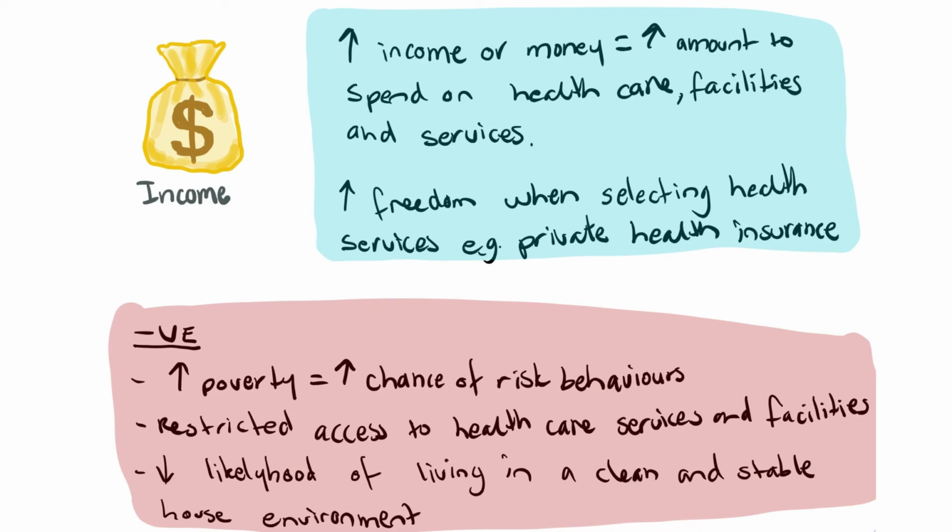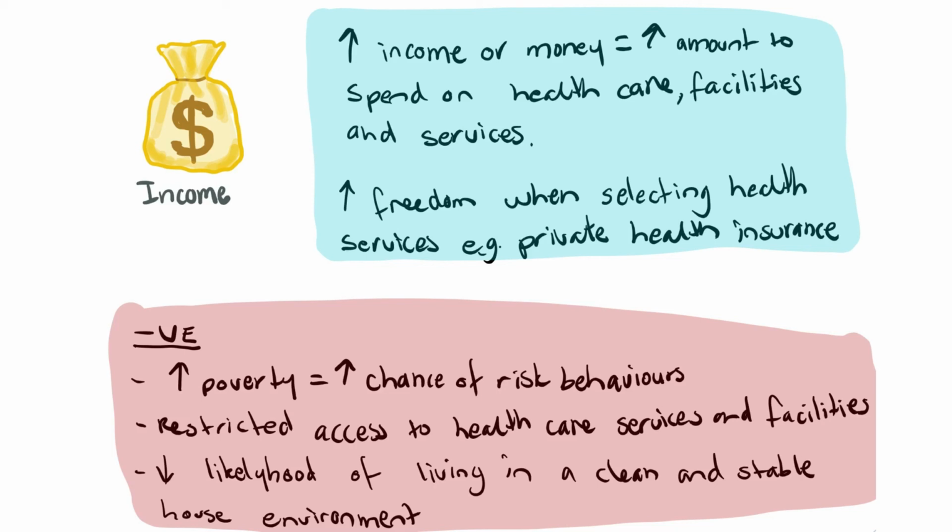This is in relation to being exposed to risk behaviours, but also because of their restricted access to healthcare services and facilities. Lower socioeconomic status people may rely on Medicare rather than seeking out private health insurance, or choose not to spend money on physical health benefits such as joining a gym or a sporting club, and therefore have restricted access to being able to improve their health.